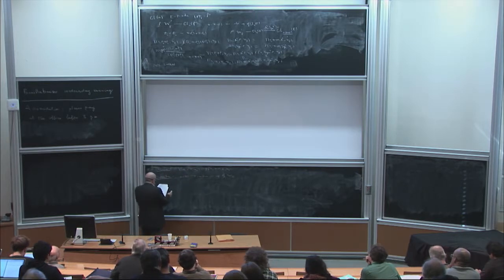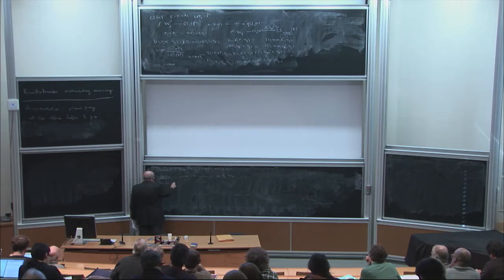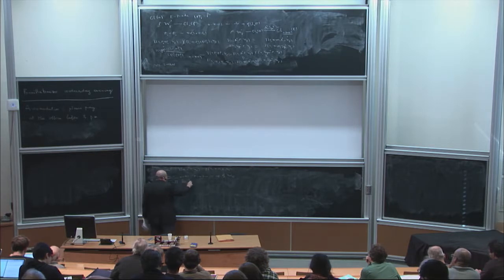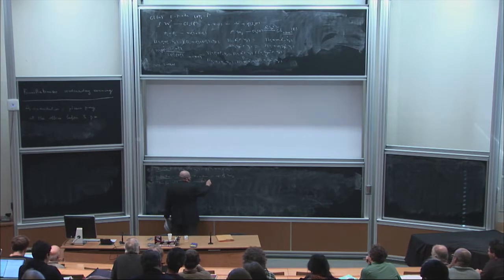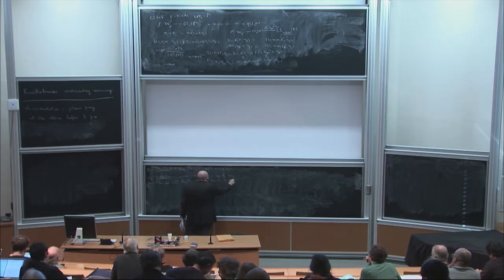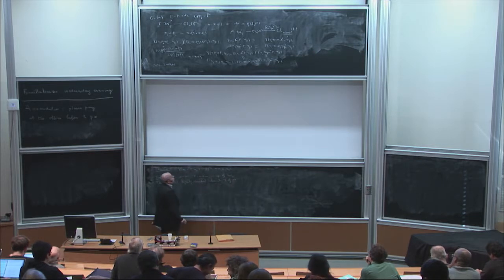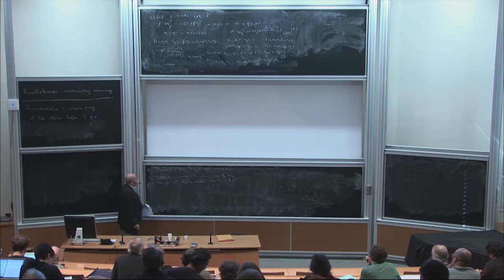Then for all highly ramified characters chi of F star, we have the equality, under twist by this highly ramified character.